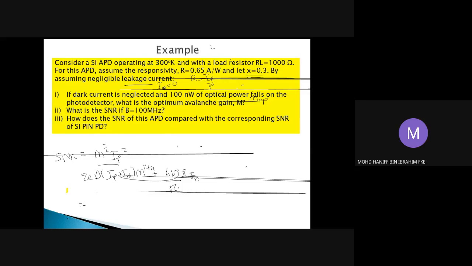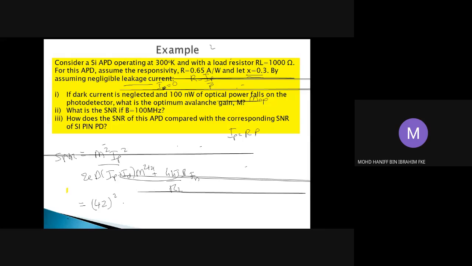What you have to do is substitute all the information, where M is equal to 42 to the power of 2. The IP is based on the previous method, where IP is equal to R multiplied by P, where R is your responsivity and P is your incident power.